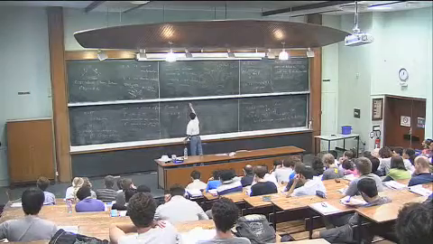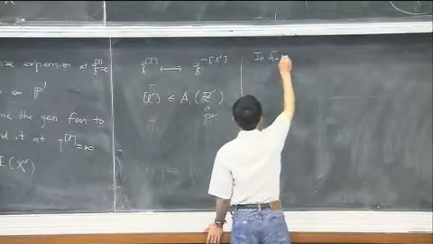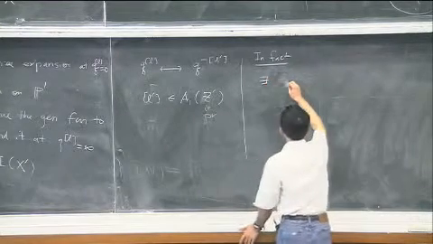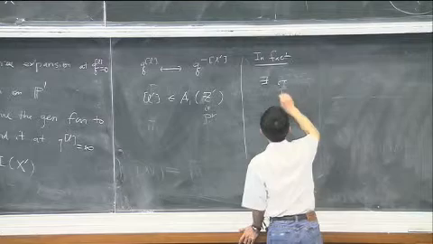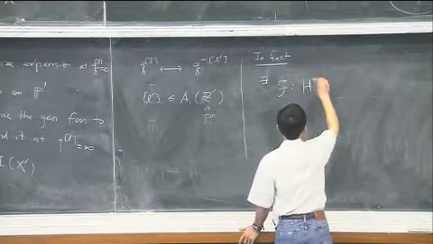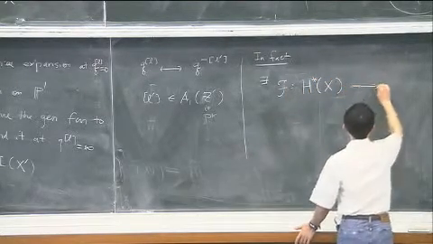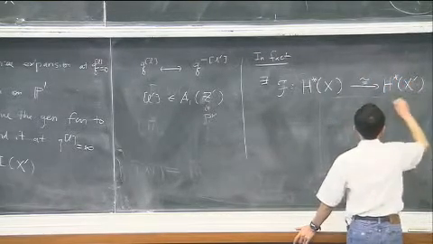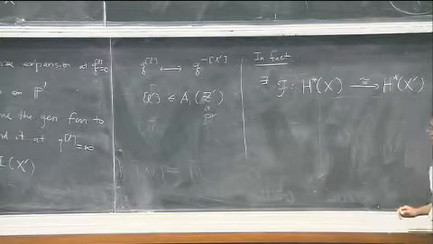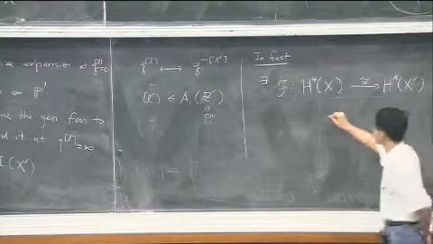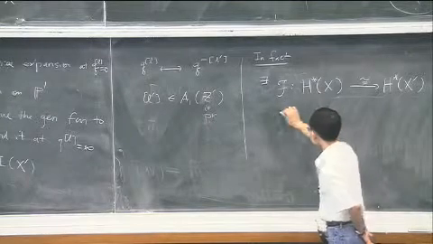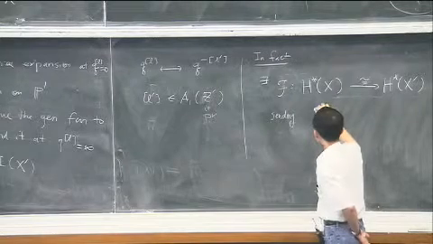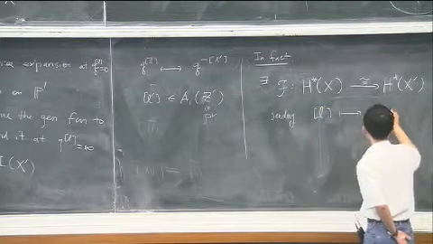So, in fact, what is more true is that there exists an isomorphism of this, which sends the line class I was talking about to the negative line class here.